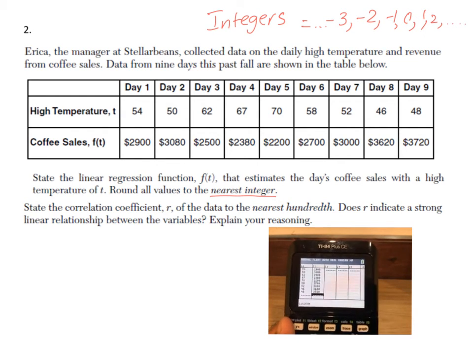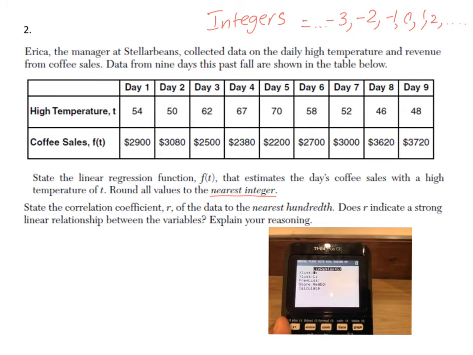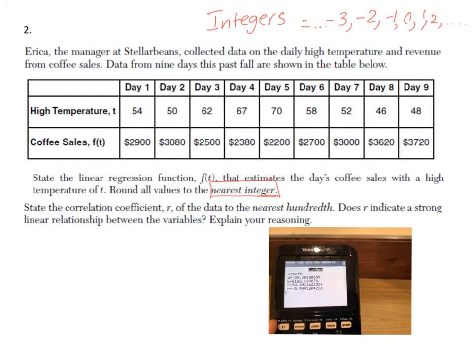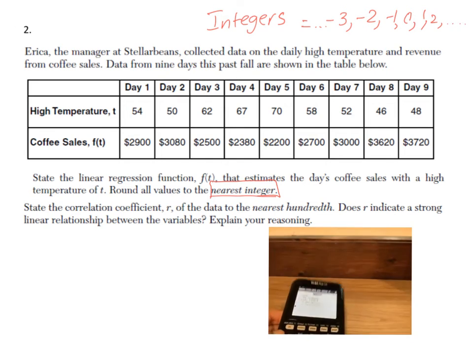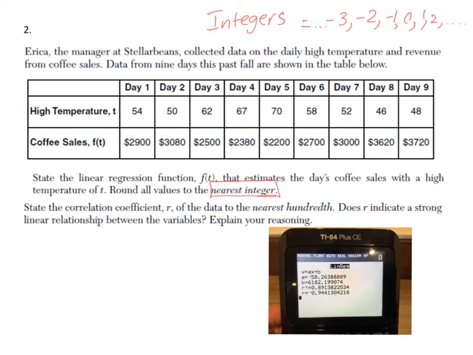So we have all this. And then once we have this, we go back to stat and calculate and linear regression. And then to calculate right here. And now we got all our values. So we just plug in everything. We've got to round off everything to the nearest integer as stated. Okay, so keep that in mind. So let's go to the nearest integer and plug in all these values. So that's our solution right here.